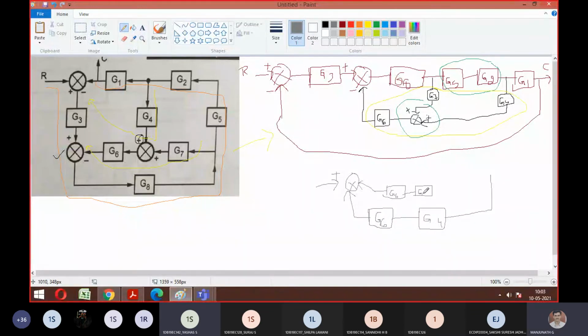Look here. So this is how it looks. The remaining part I'm not changing, so G8 remains the same. Then the combination of this cascade, that is your G2 and G5. Here on this side G1 is there, this connection will come here, and this G7 connection comes here.